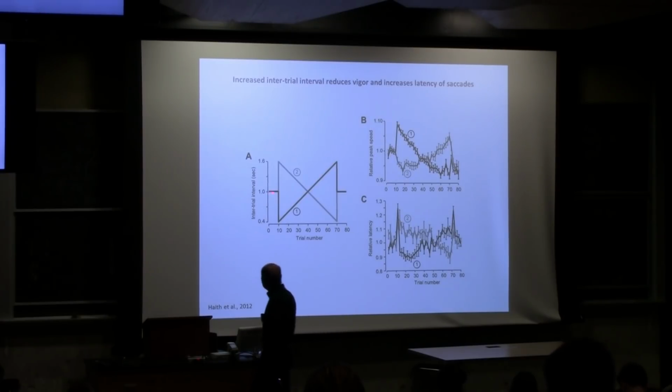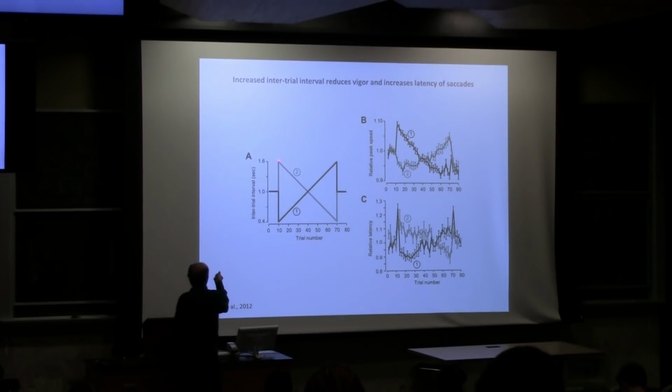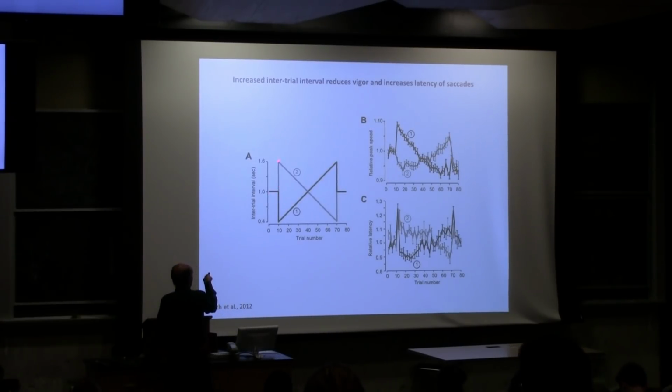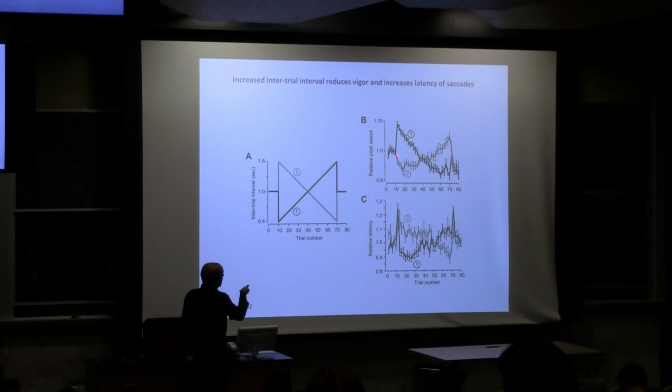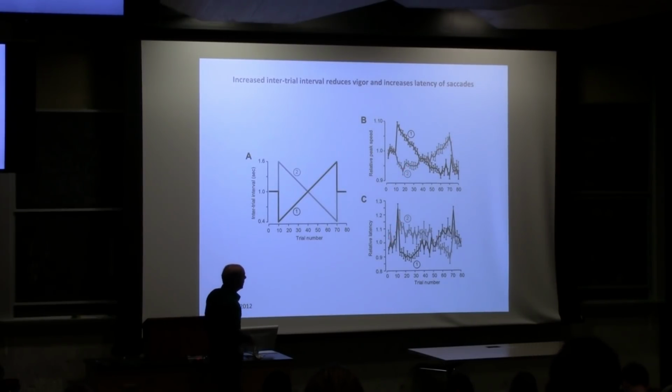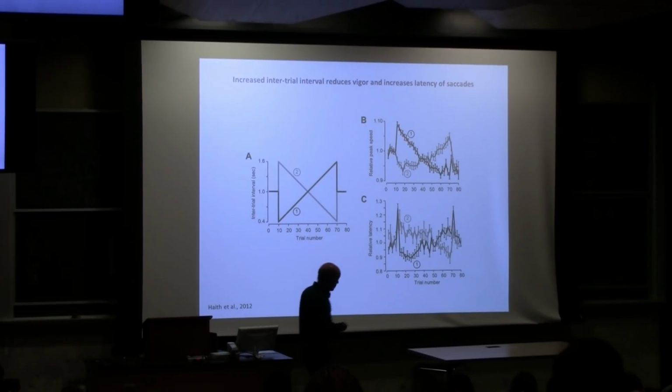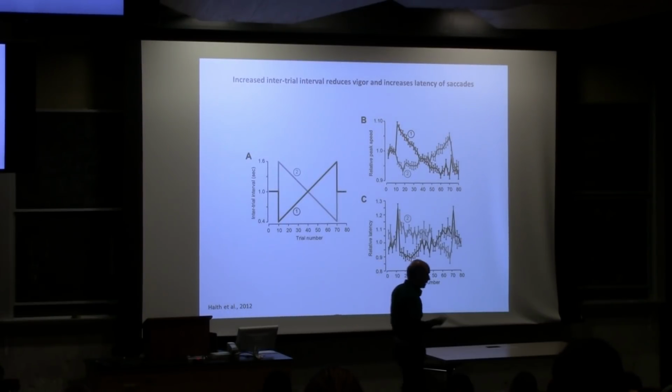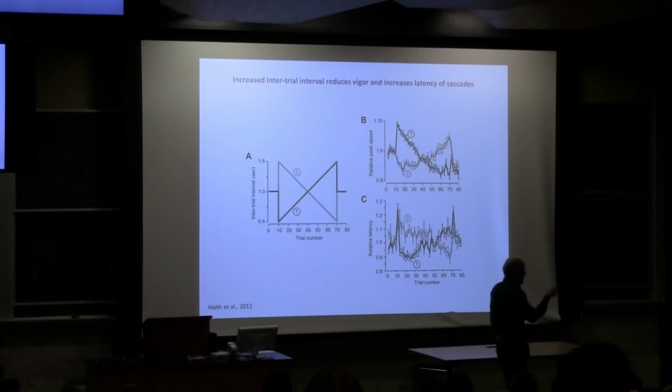So if you take somebody and you all of a sudden make them wait before you allow them to move, and then gradually change the amount that they have to wait, what you will see is that it slows their movements and then gradually brings them up. Their reaction time changes in the opposite way, and if you do it in the opposite way, so if you make it so that they don't have to wait, then their movements become more vigorous and their reaction time becomes sooner.